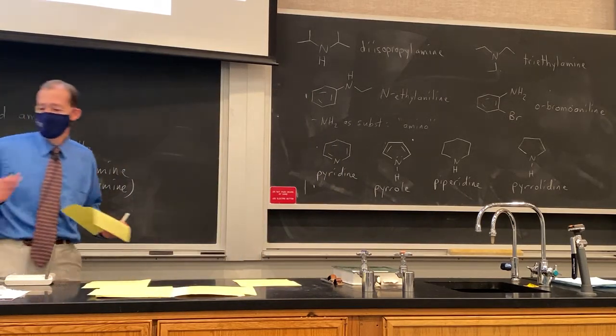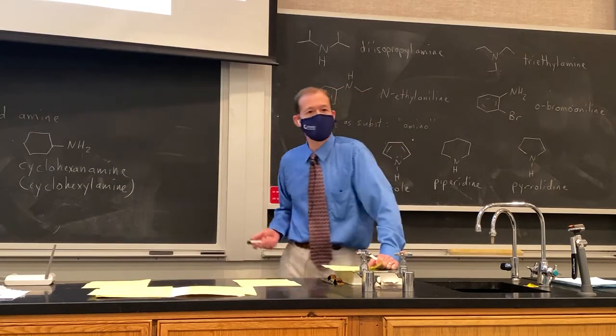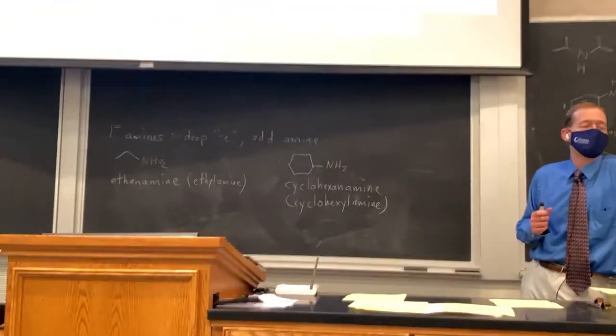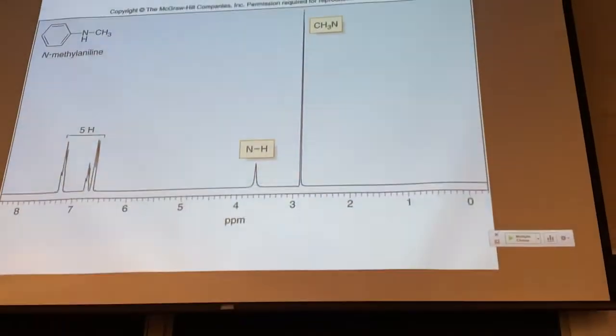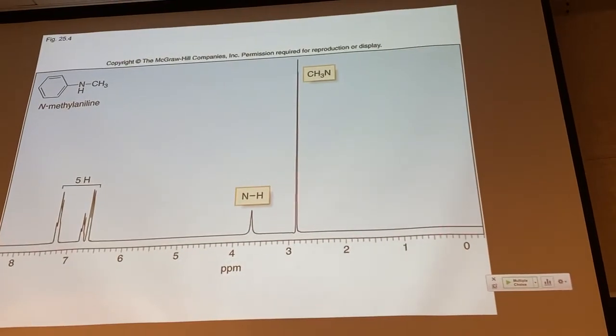Let's take a look at NMR of amines. And a couple things we notice here. Our NH peak can show up in a wide range. It can show up anywhere from 0.5 ppm to 5. Why do we have such a wide range of possible chemical shifts for an NH?